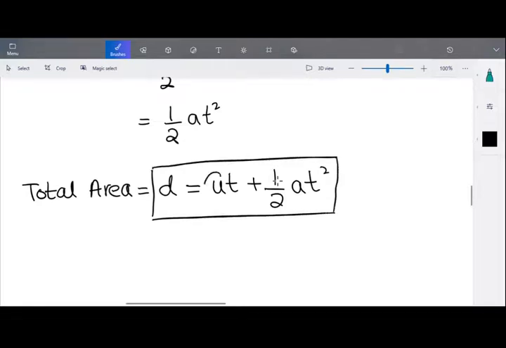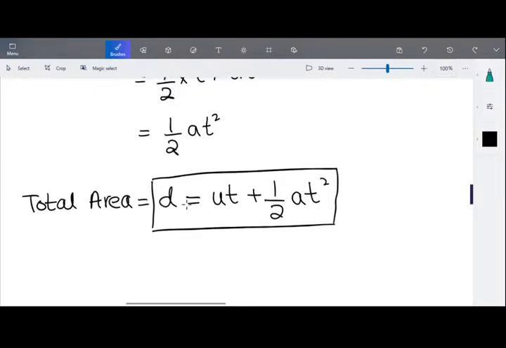If we know the initial velocity, the duration for which the object is accelerating, and the value for this acceleration, we can figure out how far the object is going to travel, which is just to say its displacement. So this equation over here is going to be known as the second equation of motion.